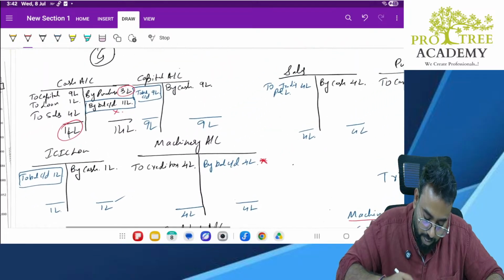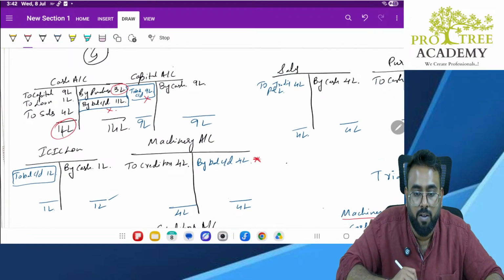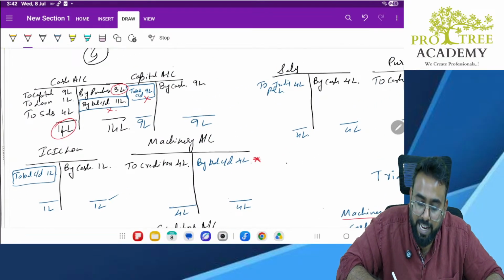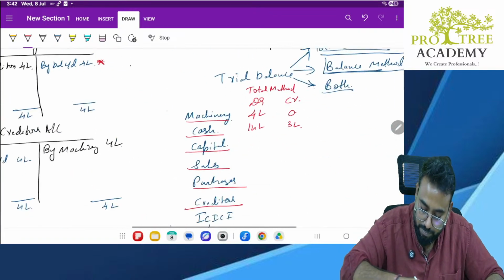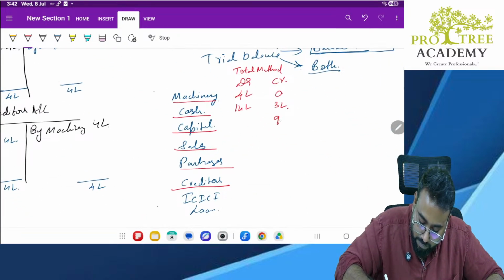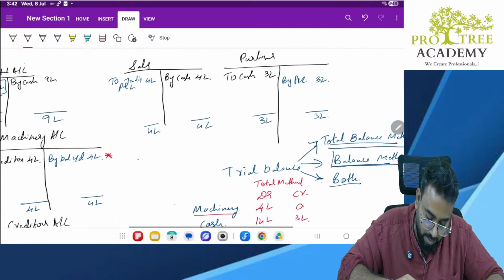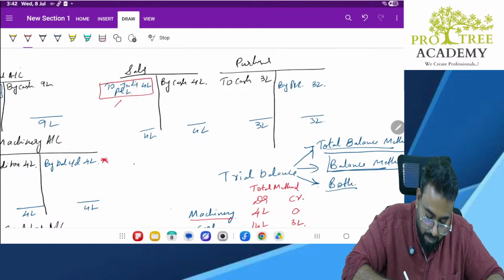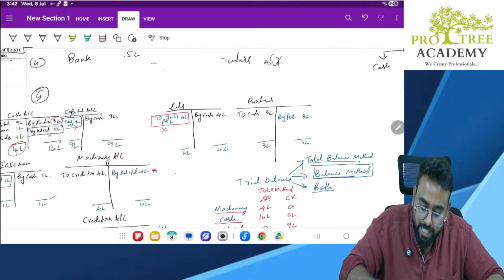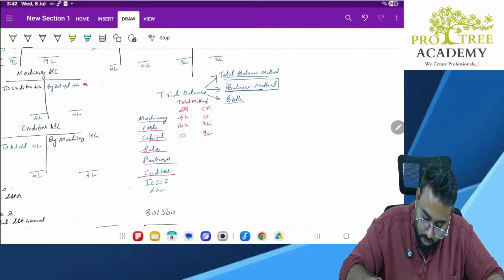Next. What is the next one? Capital. Yes, sir. Come to capital. Leave this, sir. What is there? Credit side 9 lakh, debit side 0. Correct? Let's go to sales. Leave this. What is the figure? Credit side 4 lakh, debit side 0.